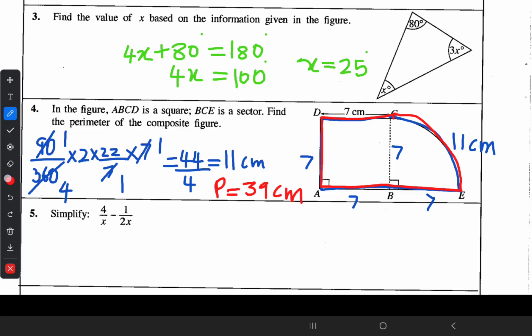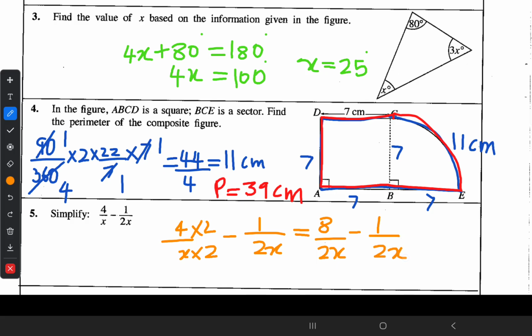Next, fifth question. This is also a simple question. Here the denominator was 2x, so you have to make the first denominator also an identical one. So I will multiply the first fraction by number 2 to make the denominators identical. 4 times 2, it's 8, divided by 2x, minus 1 divided by 2x.